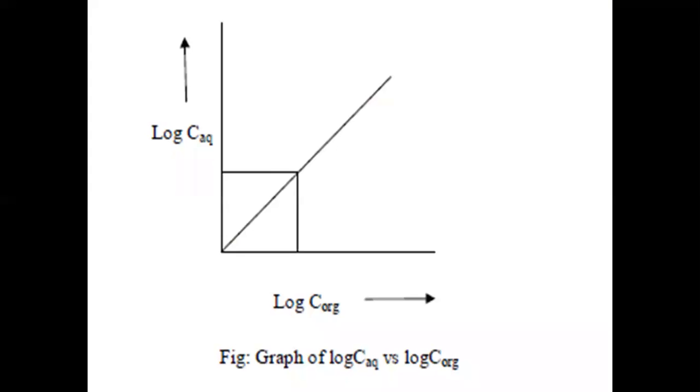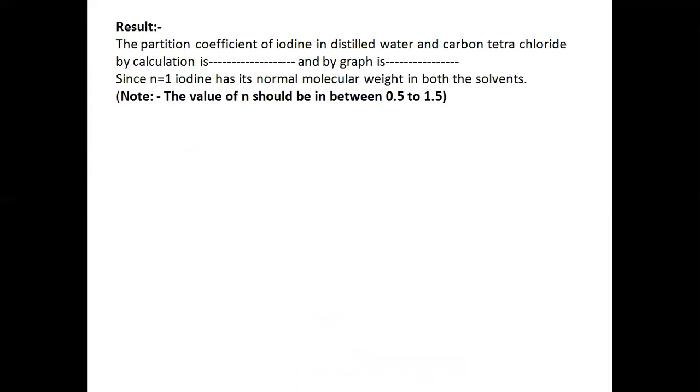Plot graph of log C aqueous on y-axis versus log C organic on x-axis. By these calculations and plot, you can write result in such way that the partition coefficient of iodine in distilled water and carbon tetrachloride by calculation is and by graph is.